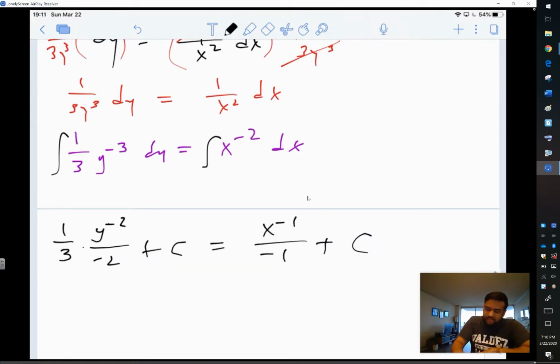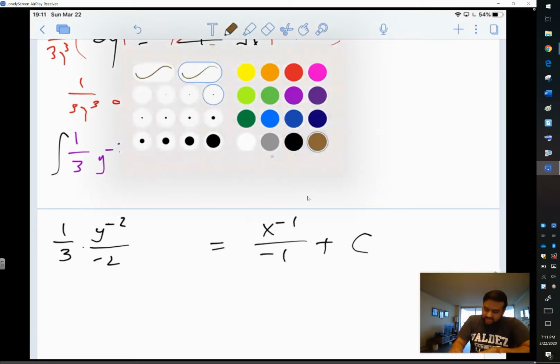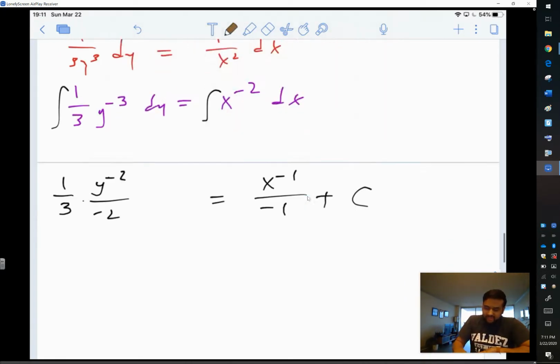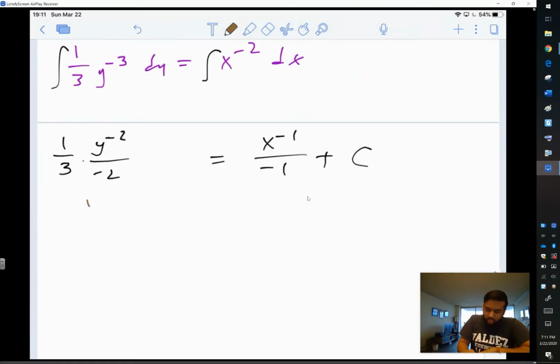plus c. Consolidating my c's effectively means that I can just move 1 to the other side, as you saw. I'm going to simplify this a little bit before I start plugging in things, so that'll give us negative 1/6 for the constant, the coefficient, and y to the negative 2 power, I'm going to bring that back into the bottom, so that'll give us over y squared.